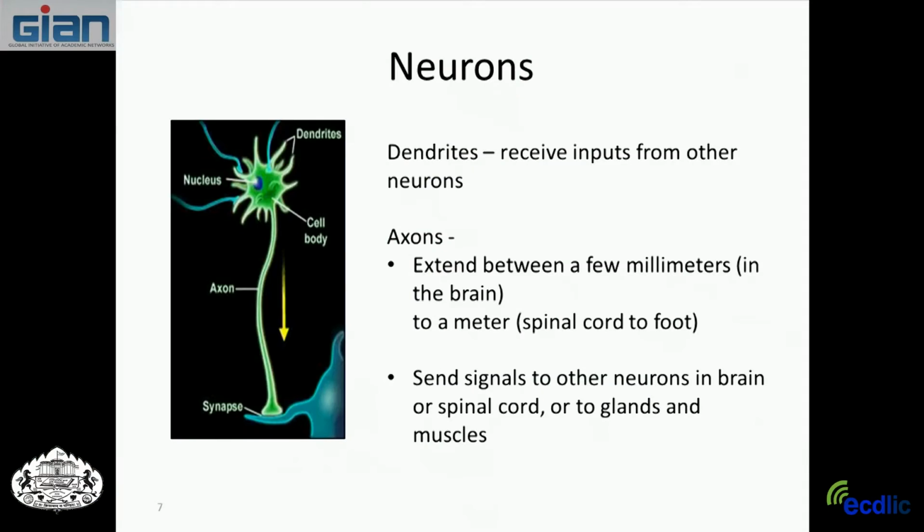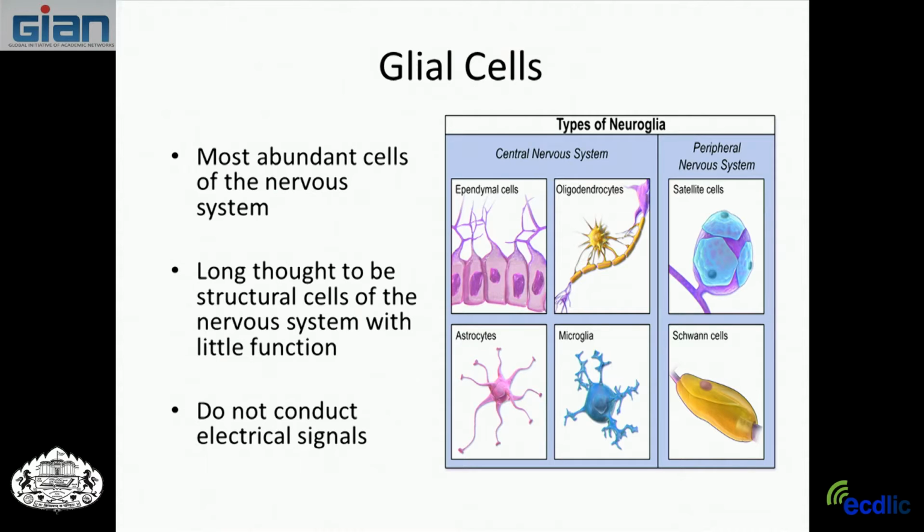We talked about the cells of the nervous system, the neurons, which are the cells that send and receive information. And these have the dendrites, which receive signals, and the axons, which help to pass along the signal throughout the cell and to other cells. We talked about glial cells. These are the most abundant cells in the nervous system, and these are thought to be cells that support the structure of the nervous system.